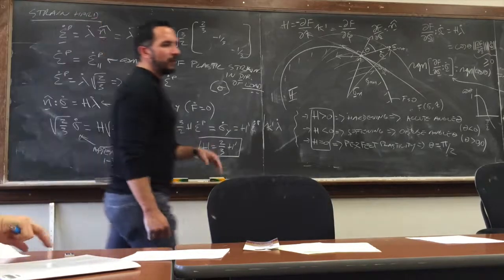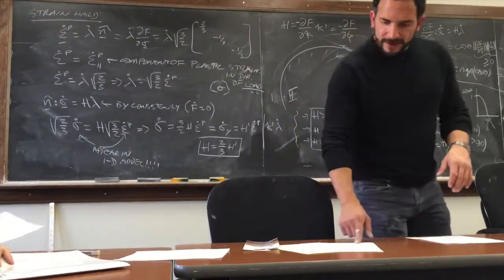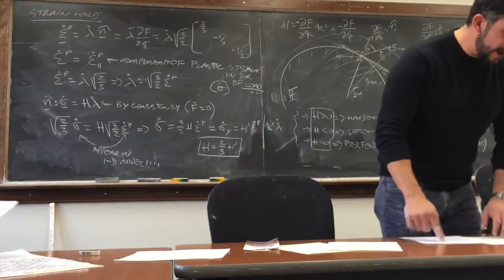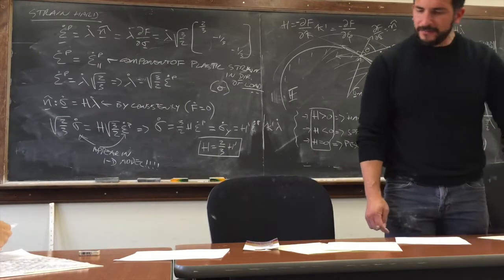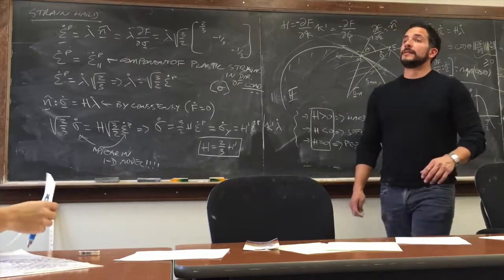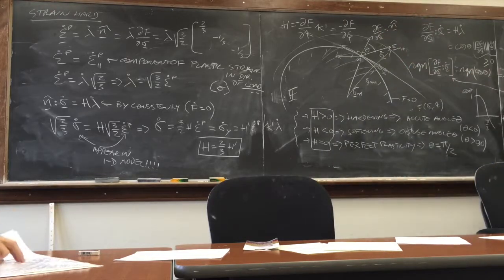Same with sigma y and its equivalence. I don't have it here, but there is a way to make kappa equivalent to sigma y. So if you know what sigma y is at any moment in time, you will know what kappa is at any moment in time. Okay? Again, it will follow a very similar path to the one we just followed here.